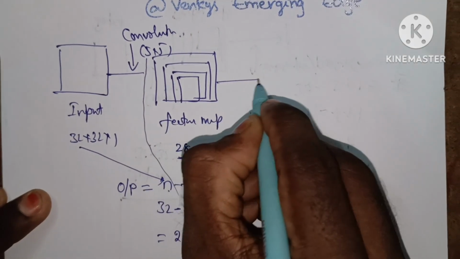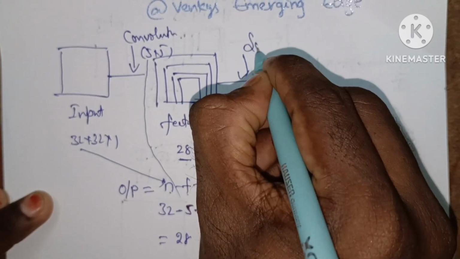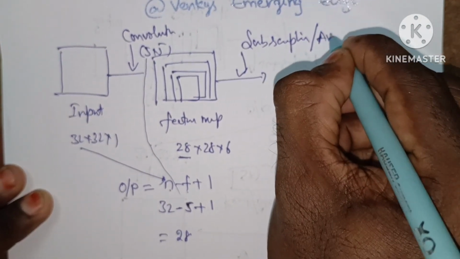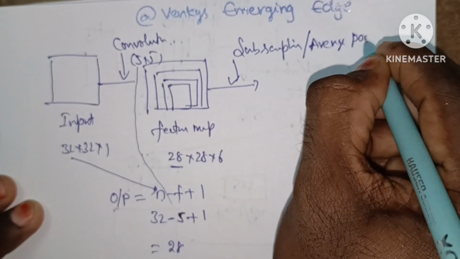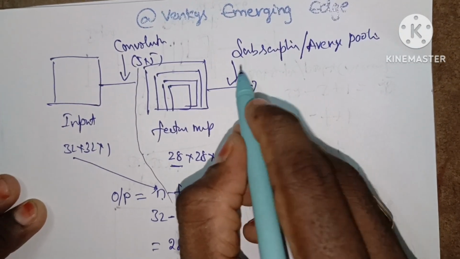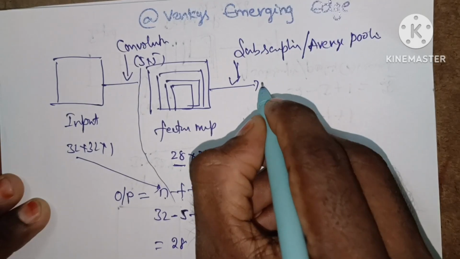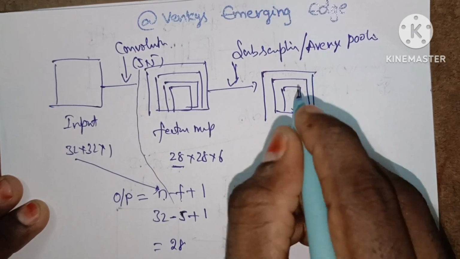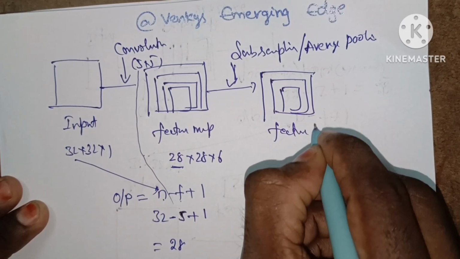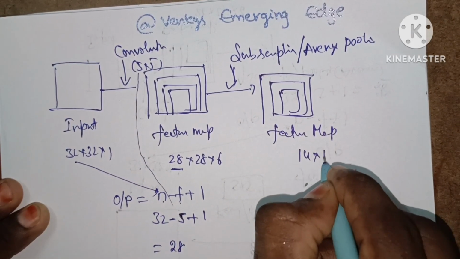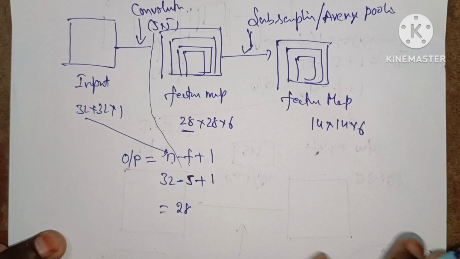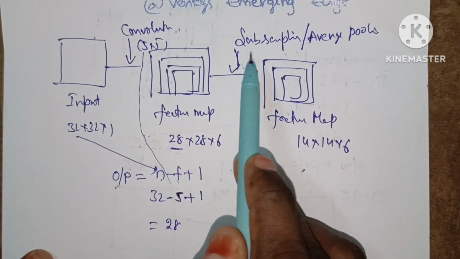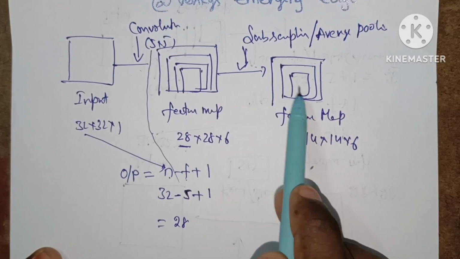Clear? After that we apply subsampling. What is subsampling? It is also called average pooling. Average pooling is applied with some size. Then finally we get a feature map again. The size is 14 into 14 into 6. So after the convolution operation and after the subsampling operation, the output is called a feature map.